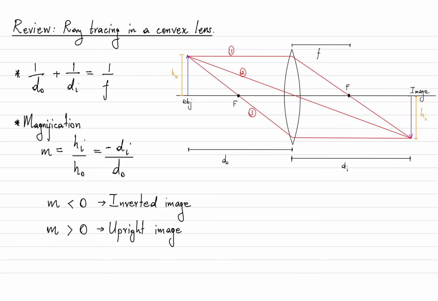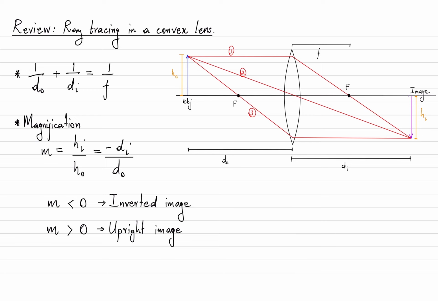But one of the important things we need to note about convex lenses, or maybe I should say about lenses, is that sometimes the image may change the orientation. Remember, if this object were a person, and the top of the arrow represented the head of the person, notice the head of this arrow on the image side would be at the bottom.